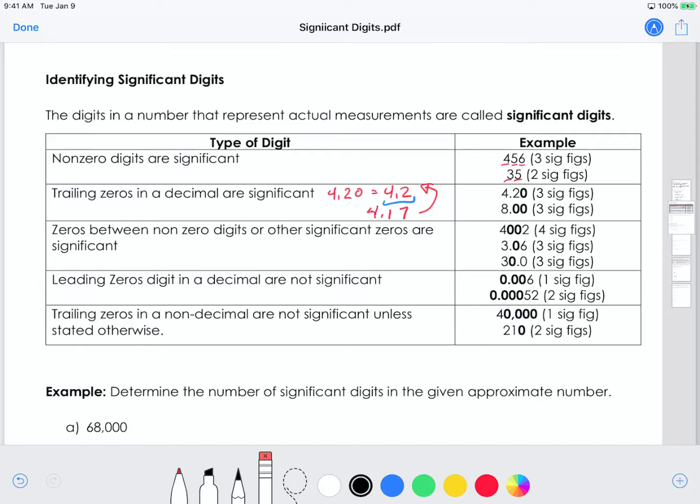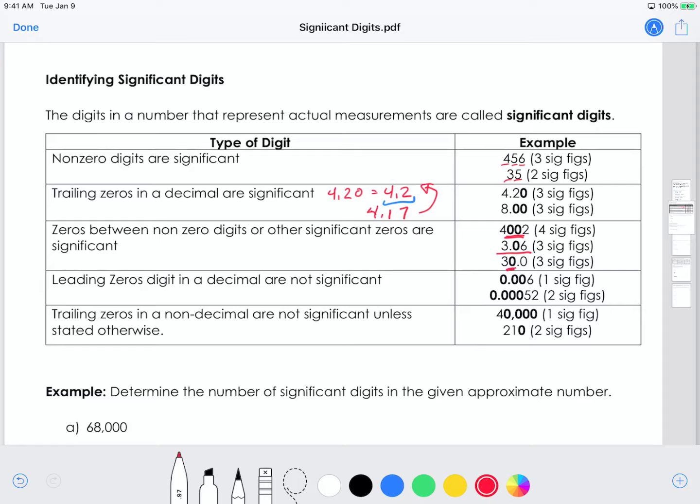The next rule is zeros between non-zero digits or other significant zeros are considered significant. So, for example, the 4002 has 4 significant figures because these two zeros are between 4 and 2, and 4 and 2 are significant digits because they're non-zero digits. Here we have 3 significant digits because the 0 between the 3 and the 6 is counted as significant.